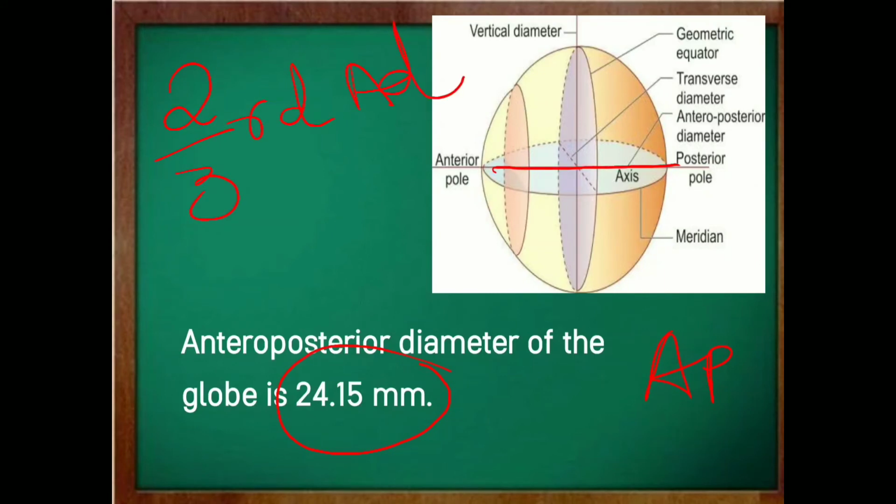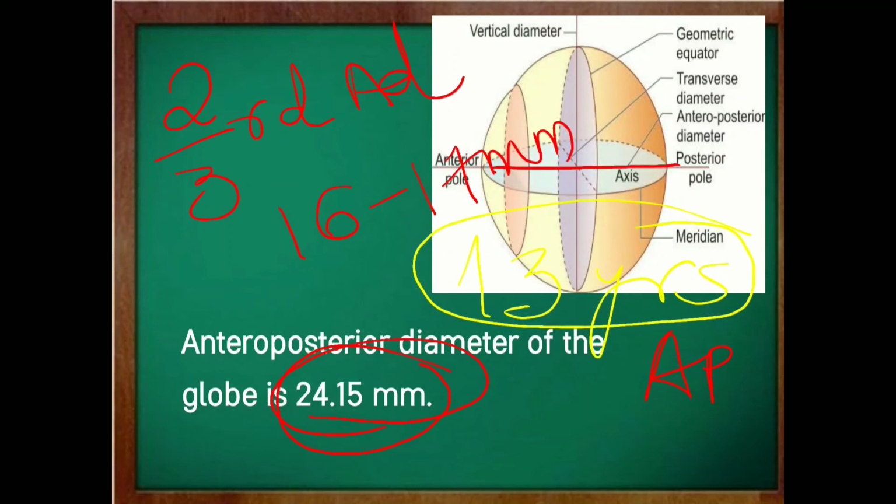That means at birth, this anterior posterior diameter is about 16 to 17 mm, and then it reaches the adult diameter at the age of 13 years. Okay, so this is important. The eyeball reaches the adult size at the age of 13 years.